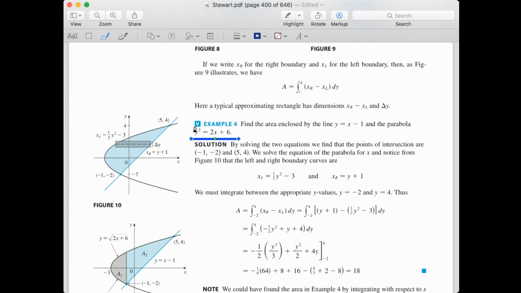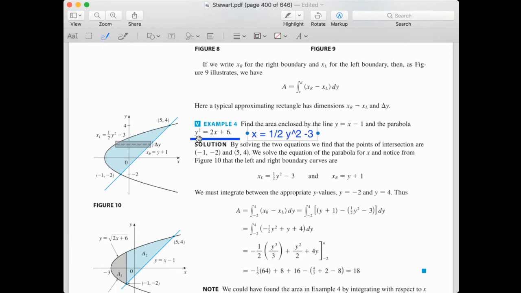So this is not a function of y in terms of x, but it can be written as a function of x in terms of y. We could solve for x.